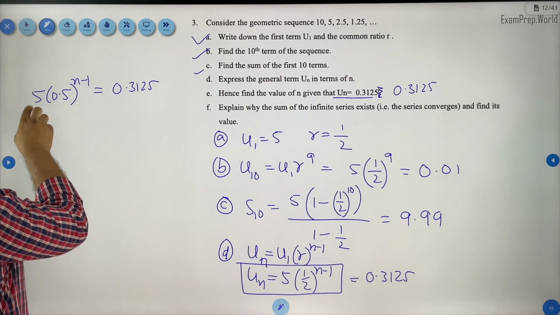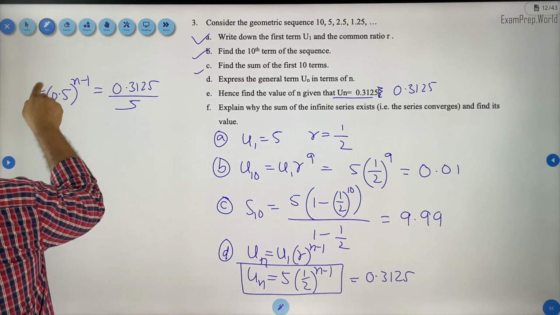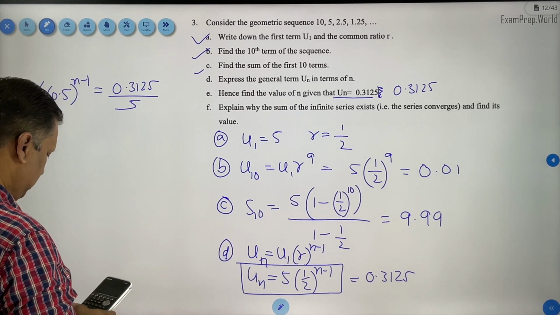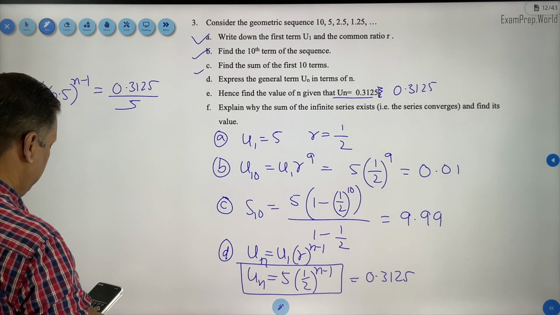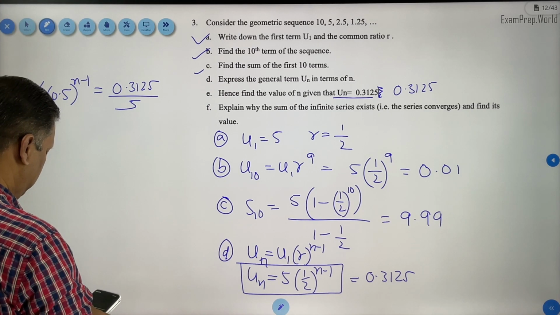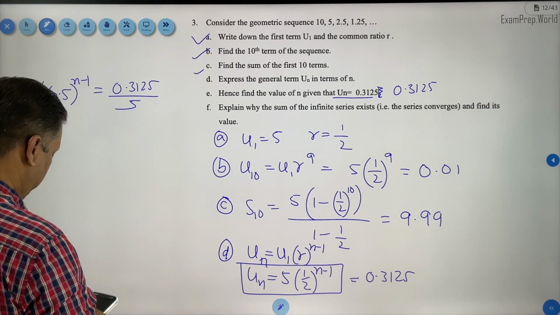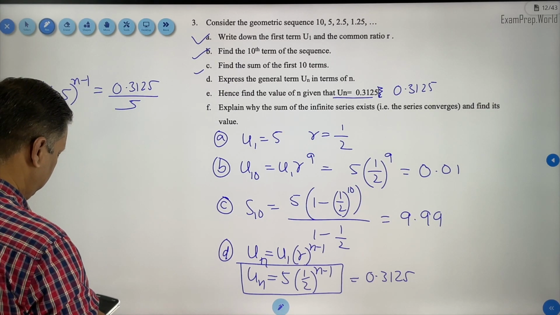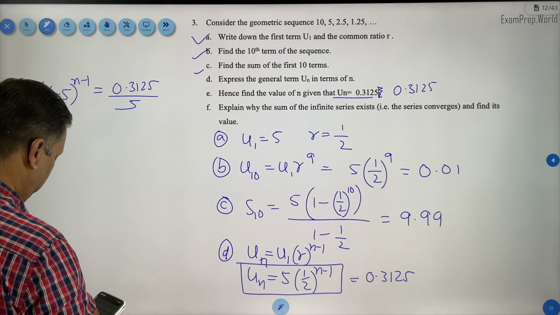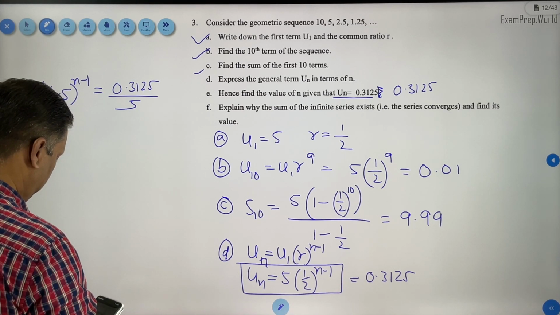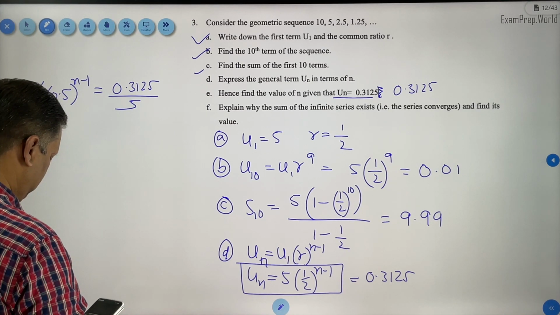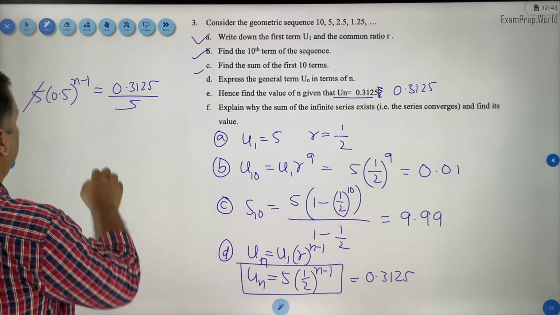Clear? So send this 5 over here, bring it here, from here remove it. So it is 0.3125 divided by 5. I have to change my calculator to decimals. It is 0.0625.